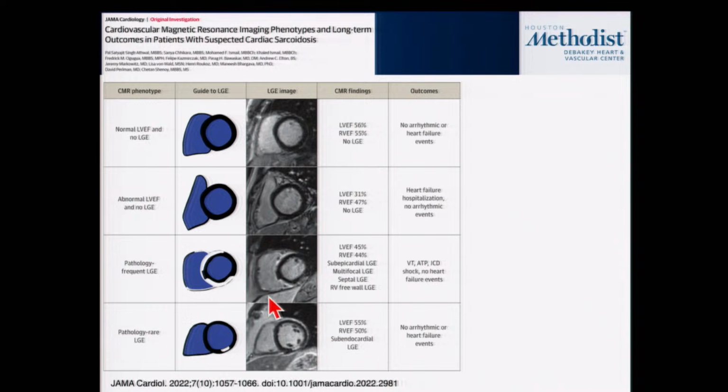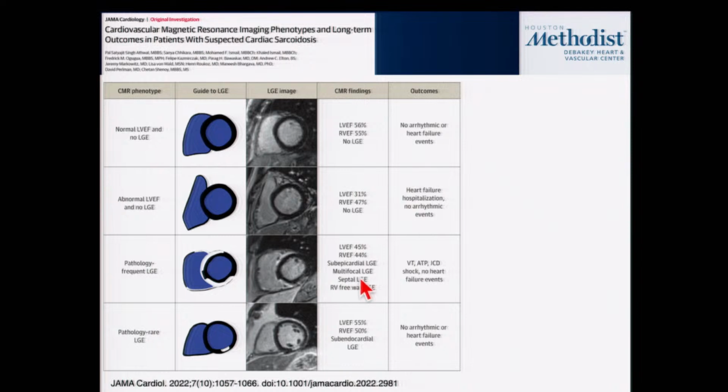And then if you look at those patients that had some evidence of LGE, and again, this is a cohort of confirmed extracardiac sarcoidosis, there are those that had just a small area of abnormality that was rarely seen in the pathology literature, and then those that had abnormalities that were either subepicardial, multifocal, septal involvement, and especially RV free wall involvement.